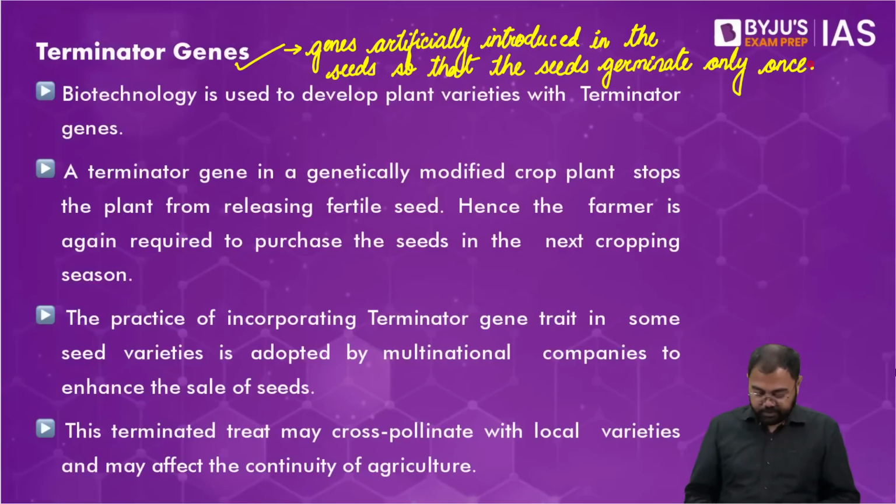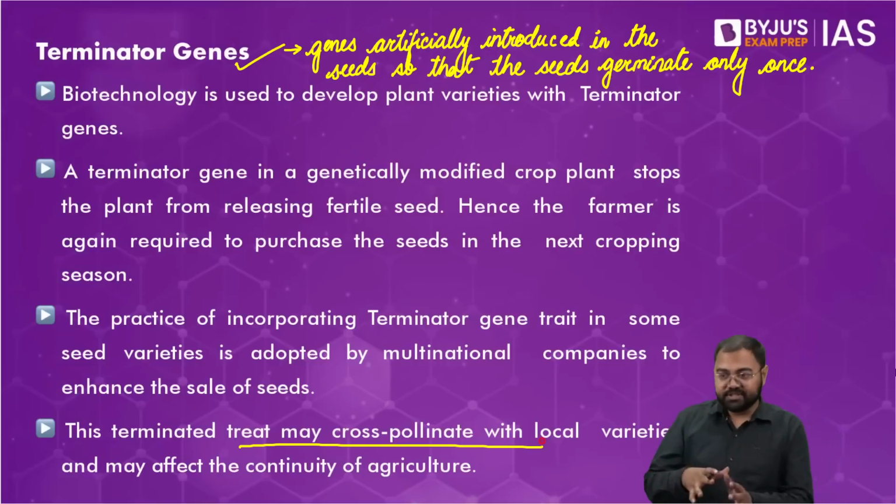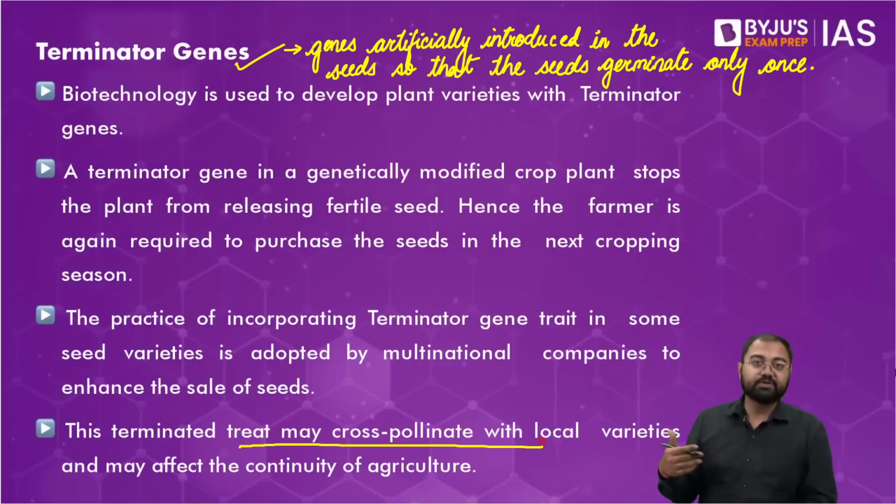At the same time, what may also happen is that these terminator genes may cross pollinate and may react with some of the other plants as well, which are growing in the same field, because many a times the farmers do not just grow the same crop, but rather there might be multiple crops growing together.